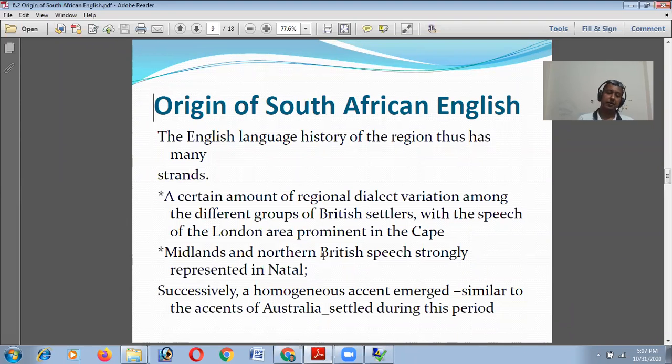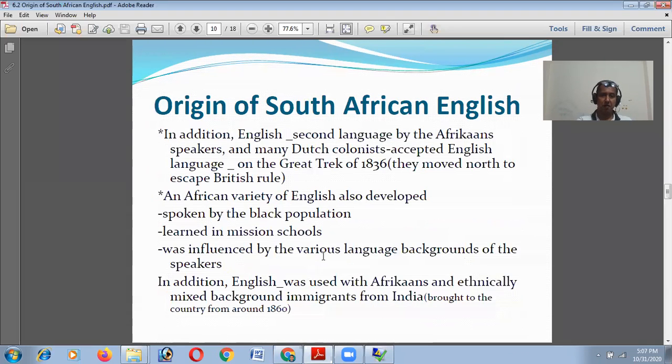In the whole country of South Africa, we notice a similar pronunciation pattern, and that is similar to the pronunciation pattern of Australia.